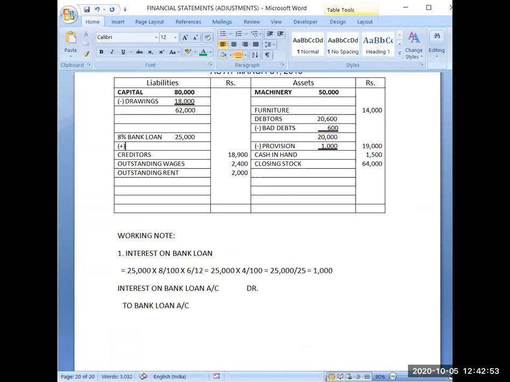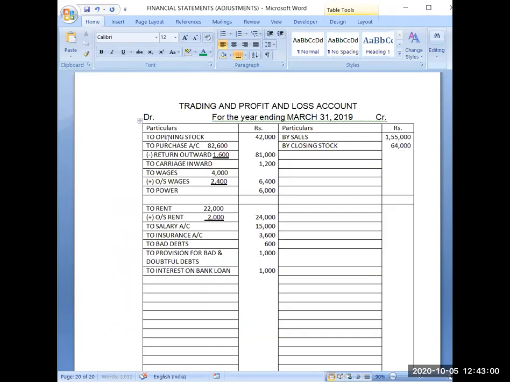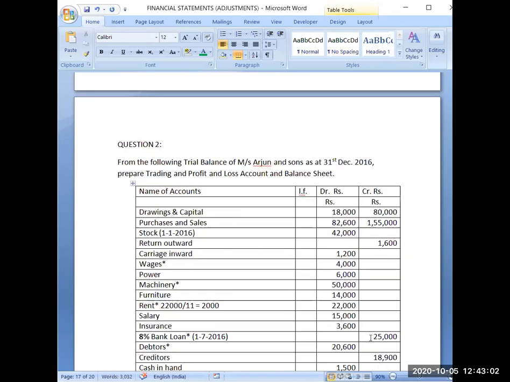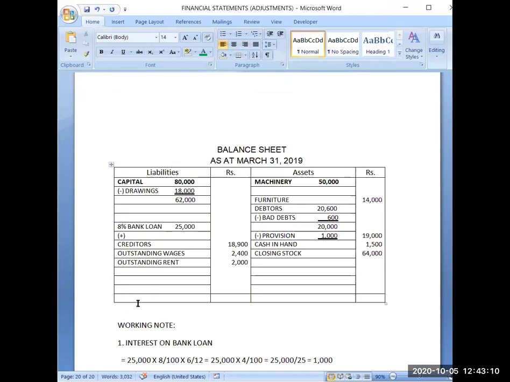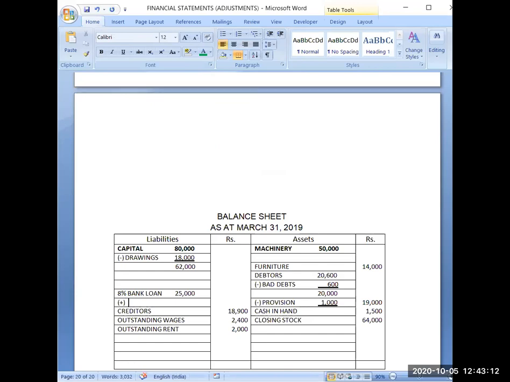Because the bank loan account is a personal account, it is written on the liability side of the balance sheet and has a credit balance. You can see in the trial balance 25,000 is the credit balance, and we have credited 1,000 more in the same account. That's why this loan will increase. Interest, and here I will add again 1,000, and this amount will become 26,000 now.